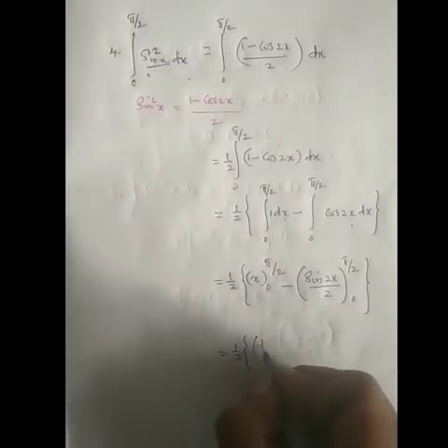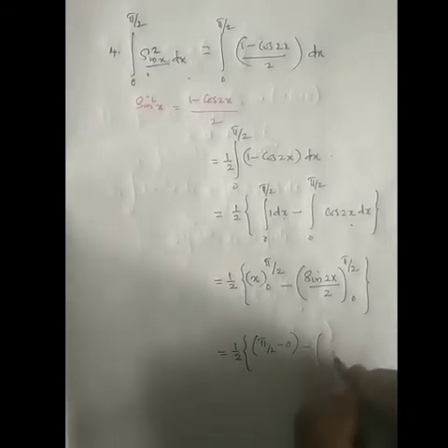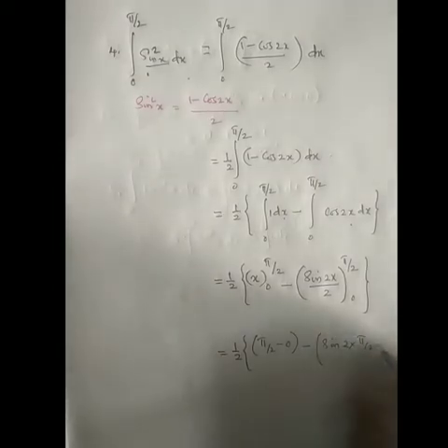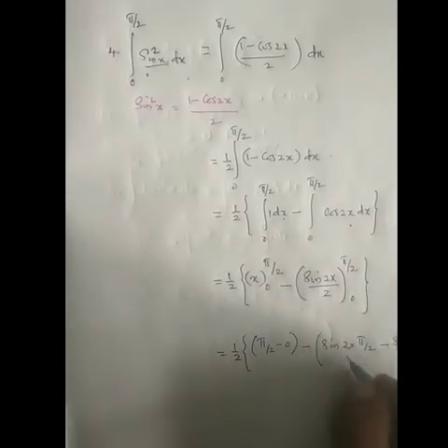First we put the upper limit, pi by 2 minus 0, minus sin 2 into pi by 2, minus sin 2 into 0, that is 0, divided by 2.